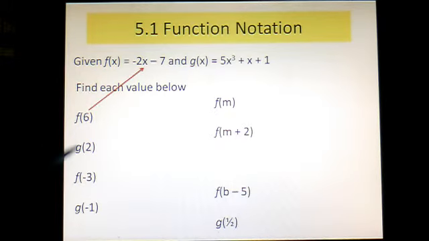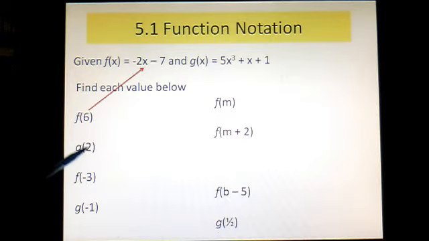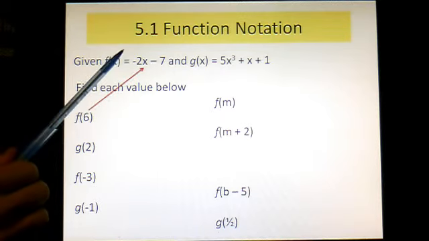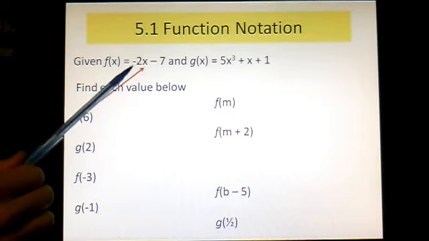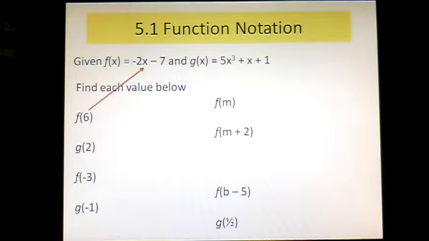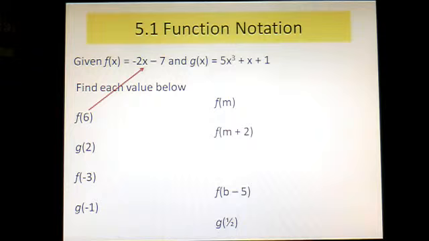Anytime you see f of something, it's saying take whatever the input is, whatever's inside the parentheses, and just punch it into the equation and do whatever the equation says. This function says multiply by -2, subtract 7 from it. So take the 6, multiply it by -2, 6 times 2 is 12, and it should be negative, and then subtract 7. -12 minus 7 is -19.